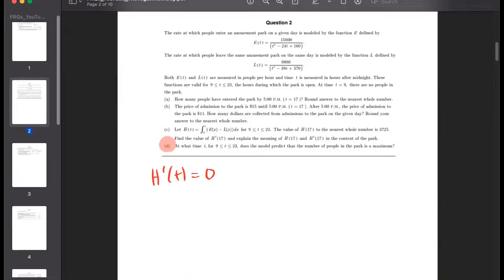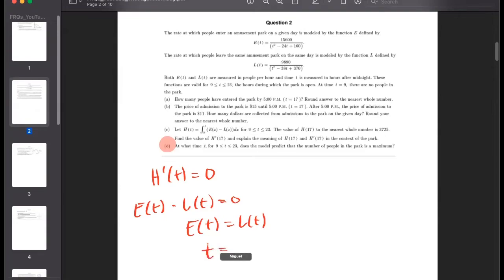Now keep in mind, h prime of t is the same thing as E of t minus L of t. And if we're setting that equal to 0, we can bring the L function to the other side. So really all we're trying to find is when does the rate at which people enter the park and leave the park the same amount.